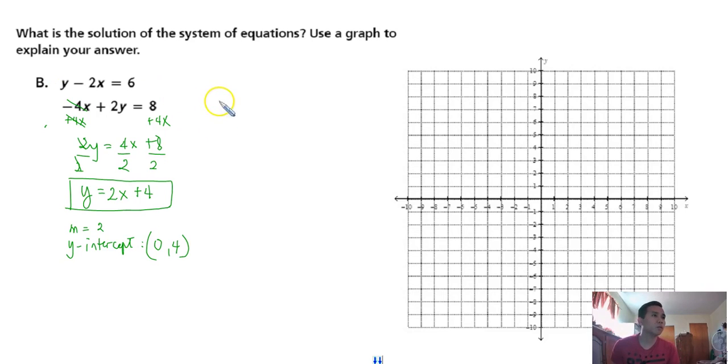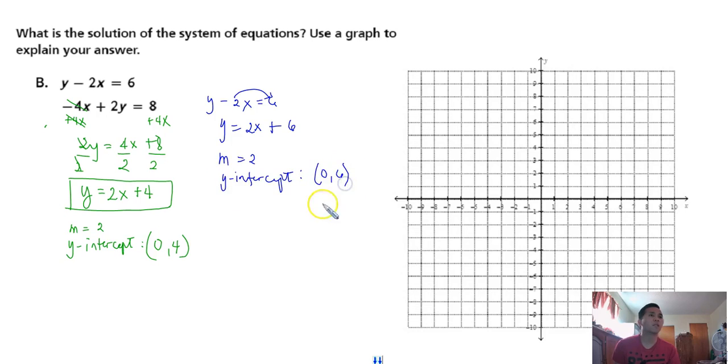So I'll be using blue. y minus 2x is equal to 6. So we have y is equal to positive 2x plus 6 because I transposed the negative 2x to the other side. So m is 2, and then my y-intercept would be (0, 6).